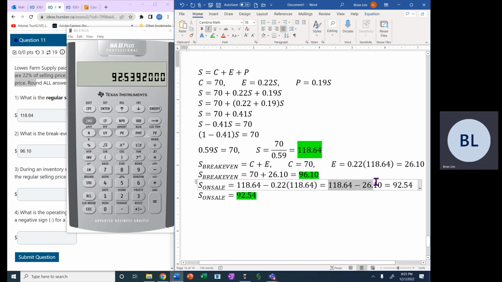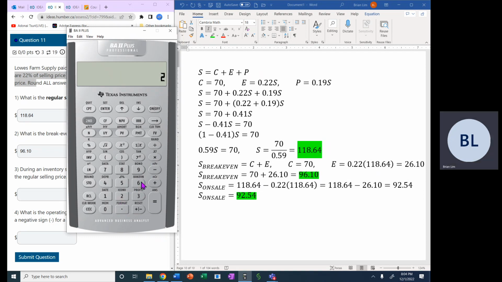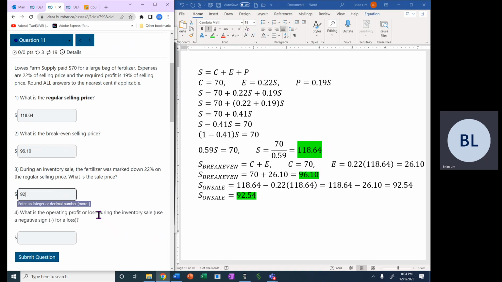Now let me go back and do this subtraction: 118.64 minus 26.10 is equal to 92.54, which is the number we got right there. So that looks like it is correct. So let's put 92.54 in here.